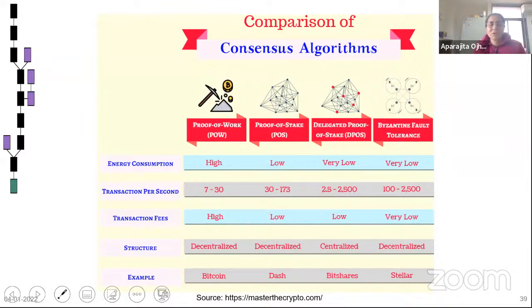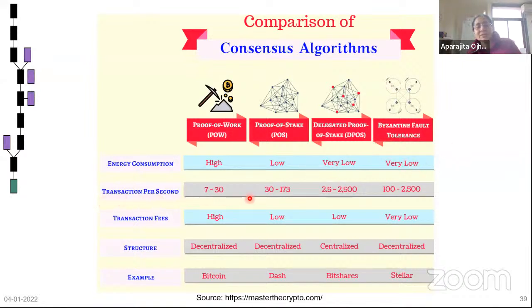I took this from masterthecrypto.com. It's a good website, and I suggest you go through it. They compared the energy consumption: proof of work is very high, proof of stake low, delegated proof of stake very low, and Byzantine fault tolerance very low.